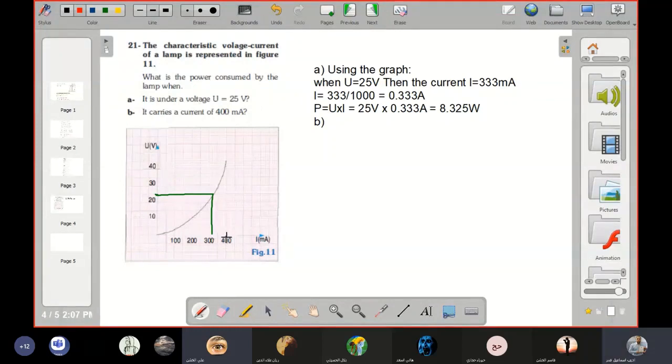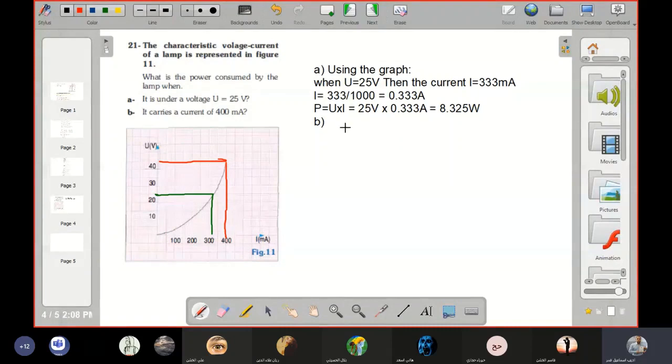First, we start by a vertical here, go up from 400, then horizontal. It came out 45. Good. So it is 45 for when the current.